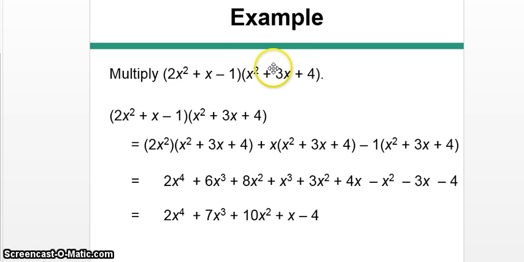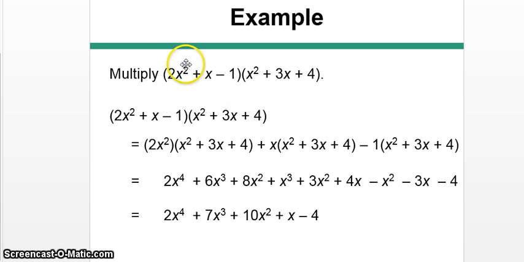Whenever we multiply a trinomial with another trinomial, or binomial with another trinomial, or binomial with binomial, remember, multiply each term of the first polynomial with the second polynomial.